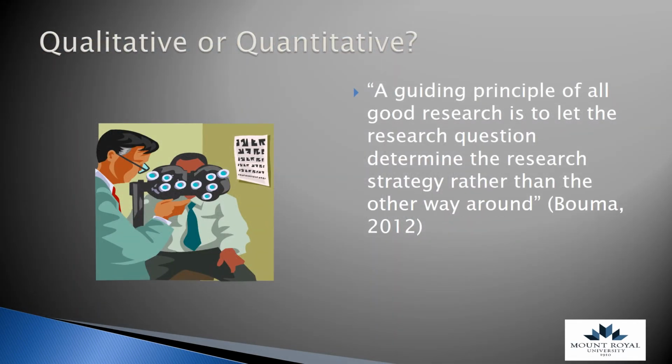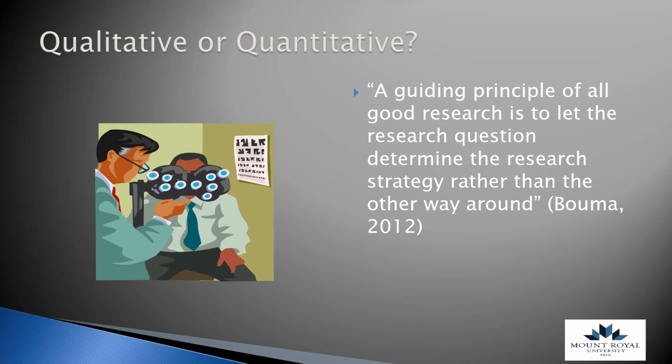So how do we determine if we want to take a qualitative or quantitative approach? Well, certainly some people have their blue glasses on more than their red. Sometimes researchers get embedded in a certain domain or a paradigm. But the guiding principle, really, of all good research is to let the research question determine the research strategy rather than the other way around.